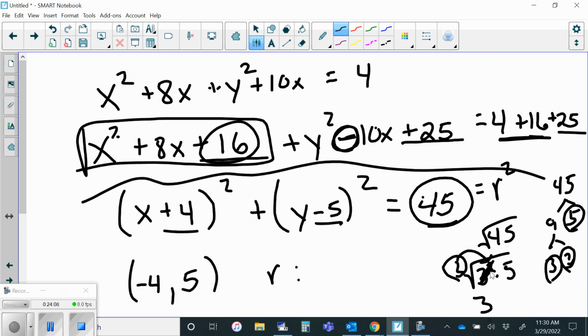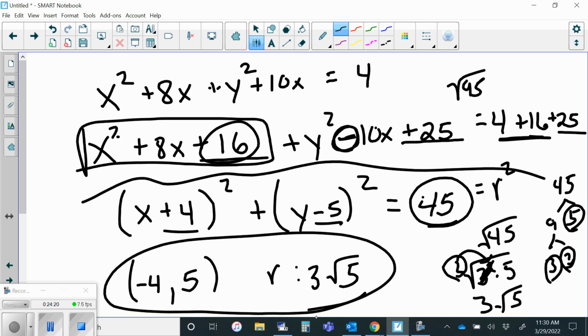Sorry, 5, you don't have enough. So 3 square roots of 5. That's the same thing. 3 square roots of 5 is the same thing as the square root of 45. This is just the simplified version, and that's what they're going to be looking for. That makes sense, yes or no? Yes?